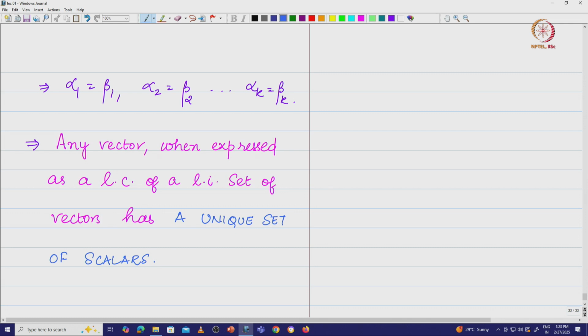This is clear. That means, when you look at a basis, every vector in the vector space will have a unique representation in terms of the basis vectors. That is what we are trying to say.